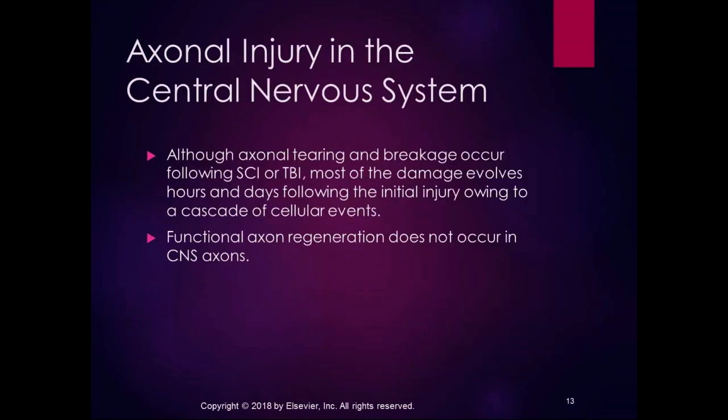In the central nervous system, usually in spinal cord injury or traumatic brain injury, you can get axonal tearing and breakage, but most of the damage evolves hours and days following initial injury because you get that cascade of cellular events. Functional axon regeneration does not occur in central nervous system axons. There is a central nervous system growth inhibitor called NOGO, and there are other growth inhibitors in the central nervous system.